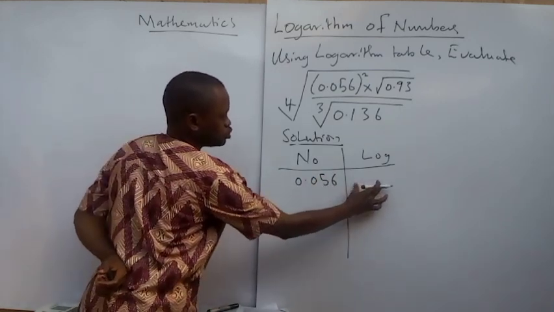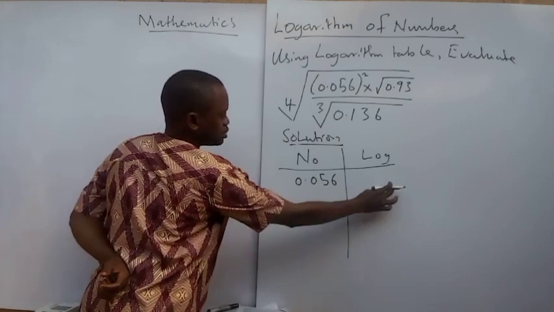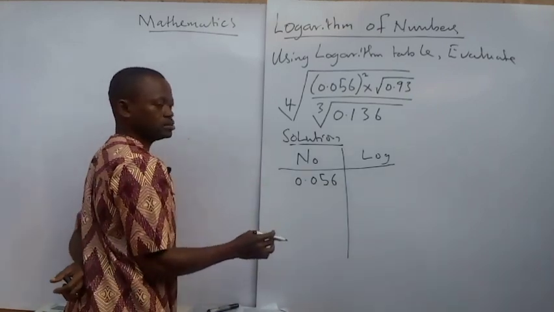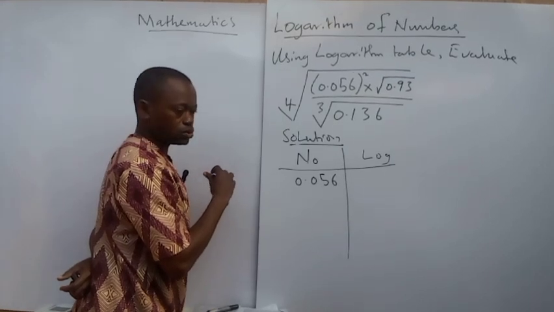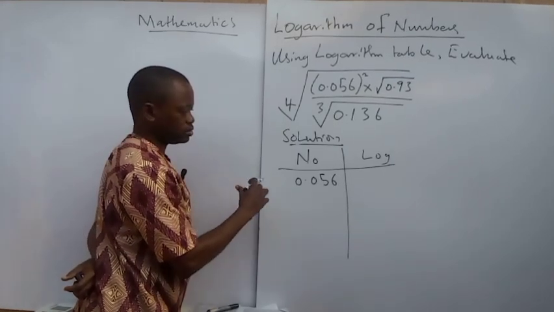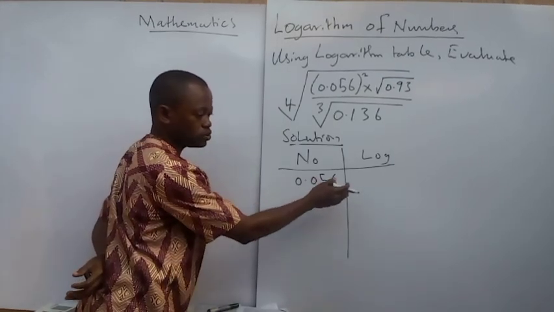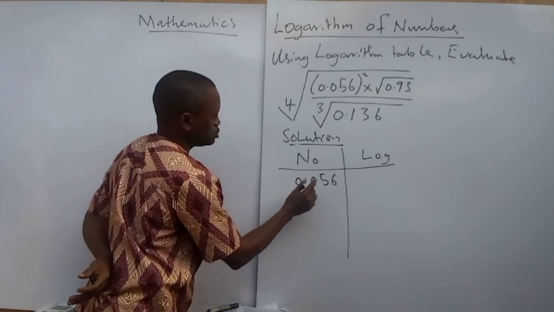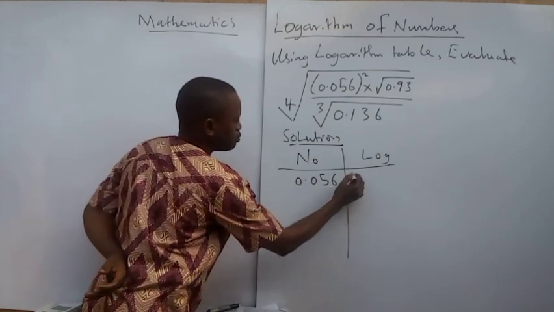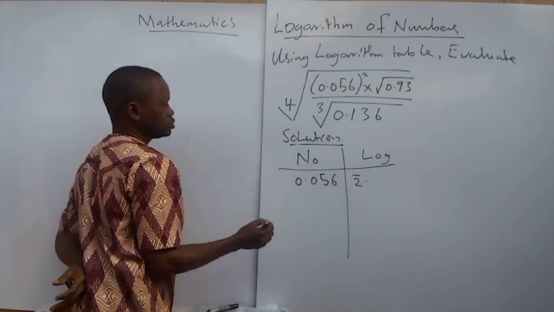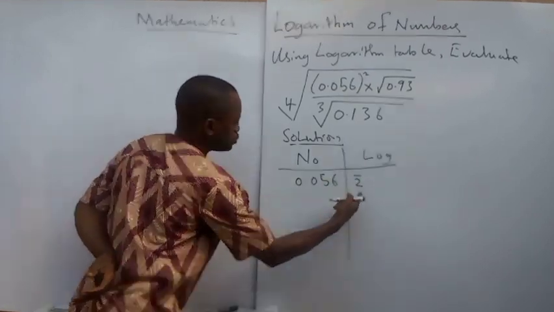So we have the two component parts, the characteristic part and the mantissa part. It's already discussed in introduction to logarithm. Please go and look at it again, because I will not spend time doing that here. The characteristic part will be bar 2. So if you go there, you find out why it is so.